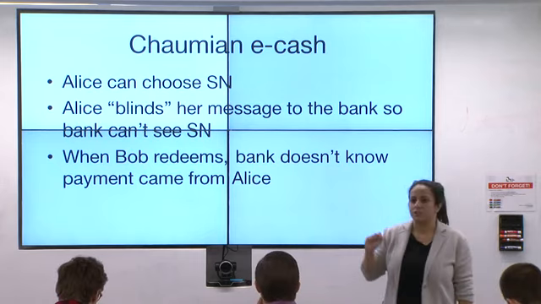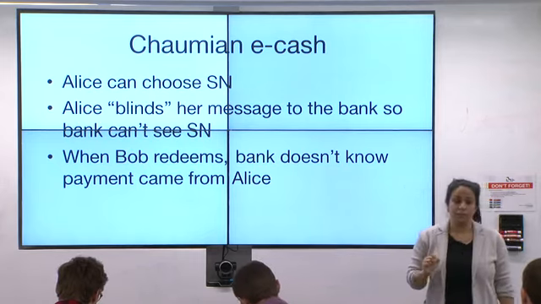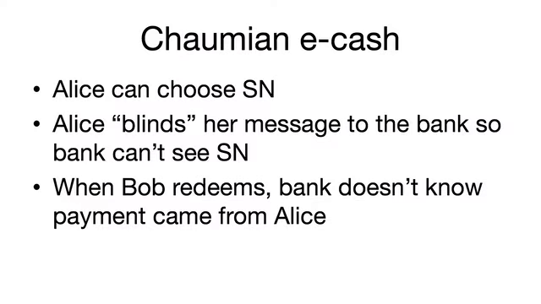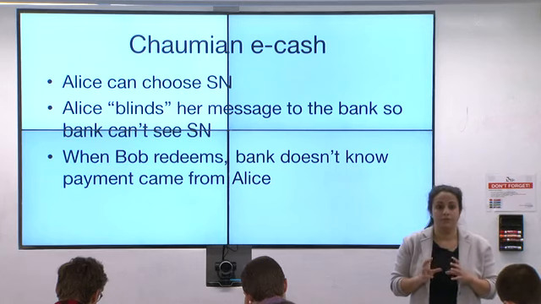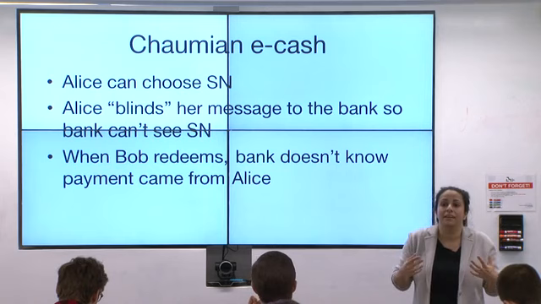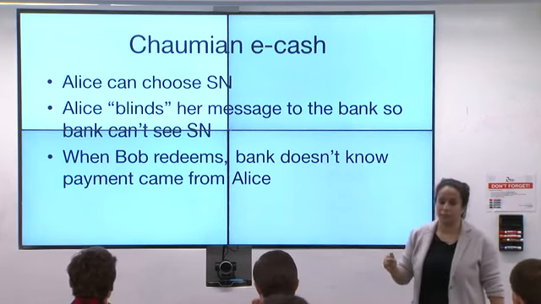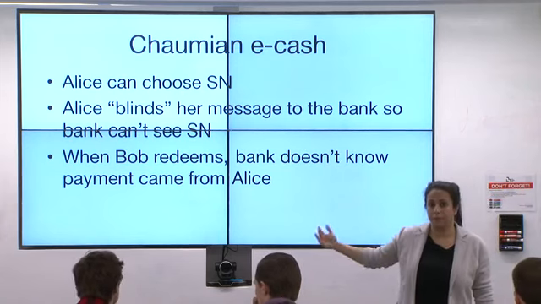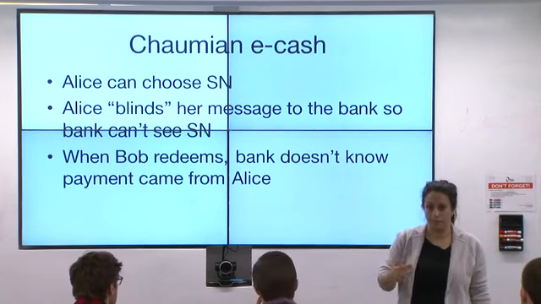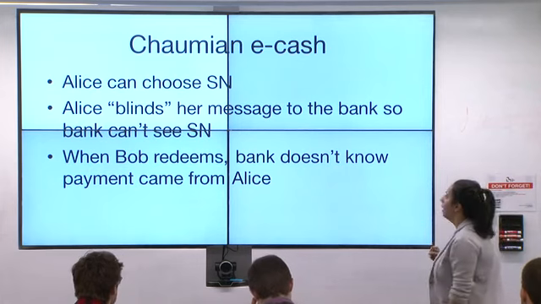So in Chaumian eCash, Alice chooses the secret number that represents a coin, and then Alice blinds her message. So Alice adds some randomness to the secret number such that the bank doesn't know what that number actually is. And we'll get into more detail about exactly what that means. It's all in the paper that was assigned reading for this class, so make sure that you take a look at it.